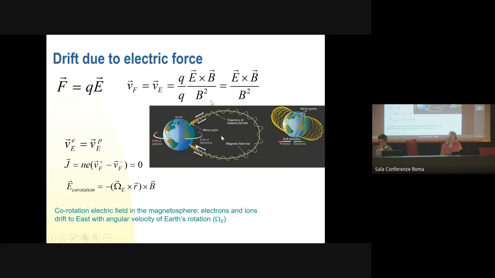This drift velocity is given by E cross B over B squared, where E is the electric field and B the magnetic field. Thus, you have no creation of any current in the plasmasphere because all the particles, electrons, protons and ions, are in co-rotation, drifting to the east with the same angular velocity as the Earth's rotation.